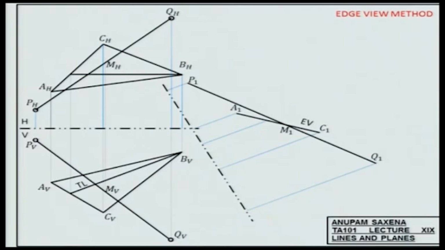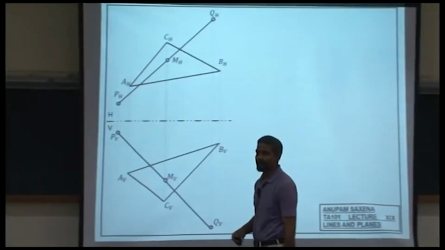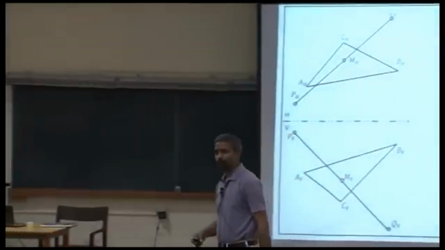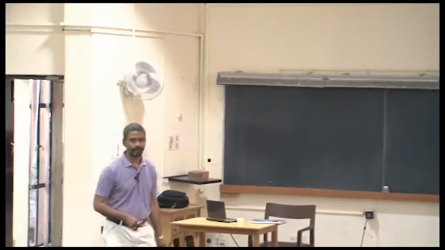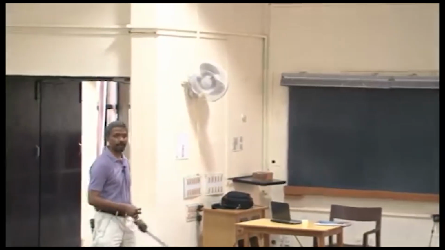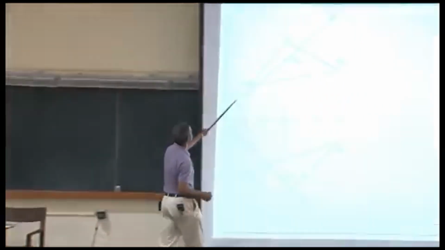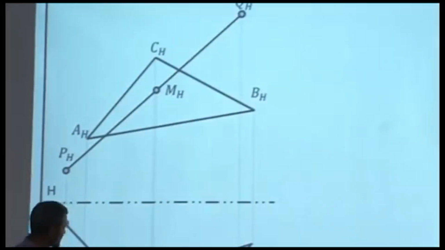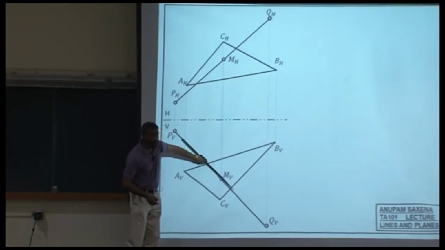So let's erase all the other parts and let me ask you a relevant question. Which part of the line is going to be visible in both views and which part of the line is going to be hidden in both views? Once again, which part of the line, you know, you're looking at this segment, of course this part and this part is going to be visible here, this part and this part is going to be visible here, but here which part would be visible and which part would not be visible?